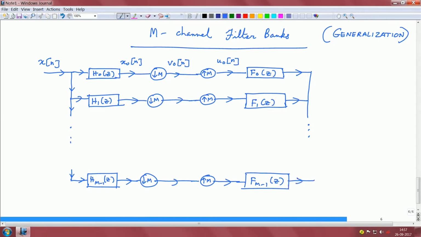I combine all the outputs and I get x hat of n, which is a reconstructed signal.